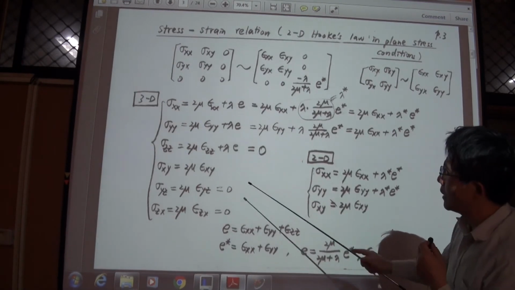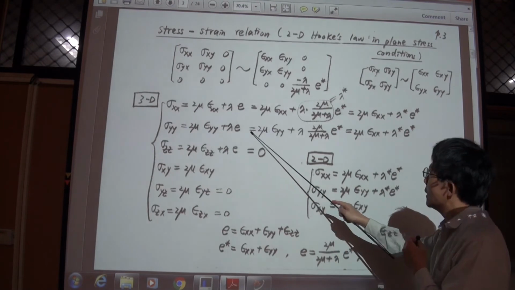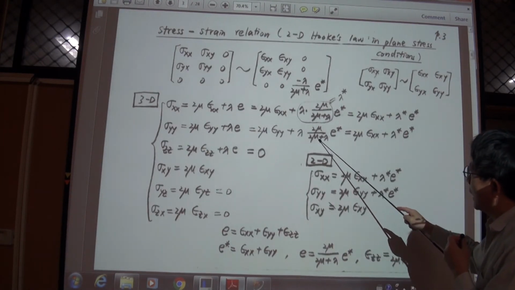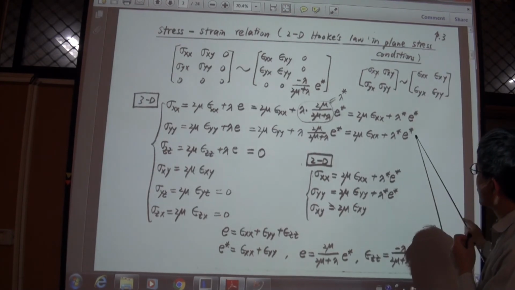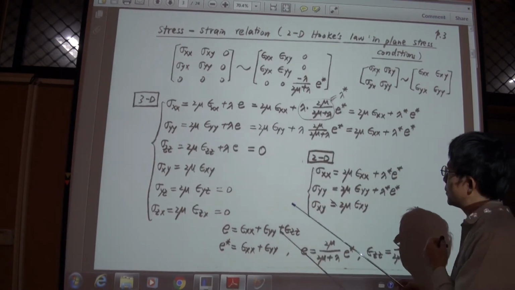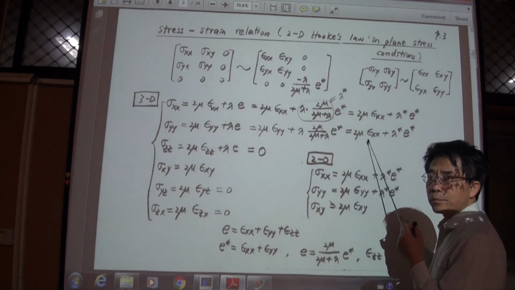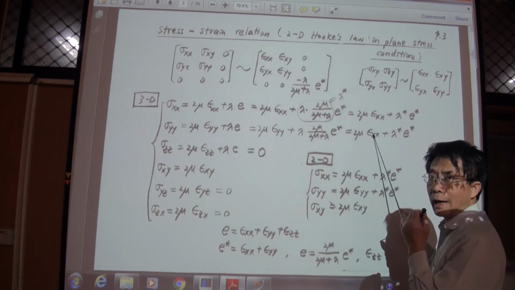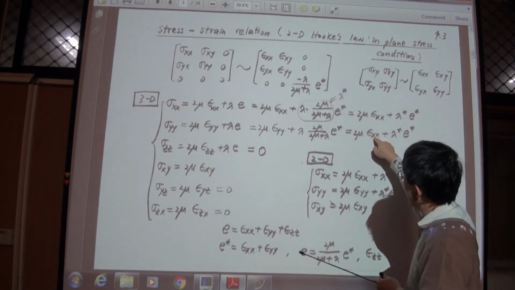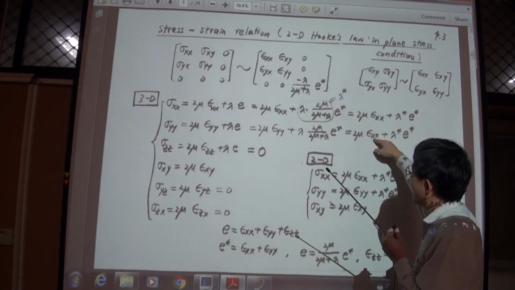In the same way, σ_yy can be rewritten in this form, but be careful. I made some mistake. Please change this ε_xx to ε_yy. ε_yy here, I made some mistake. ε_yy.